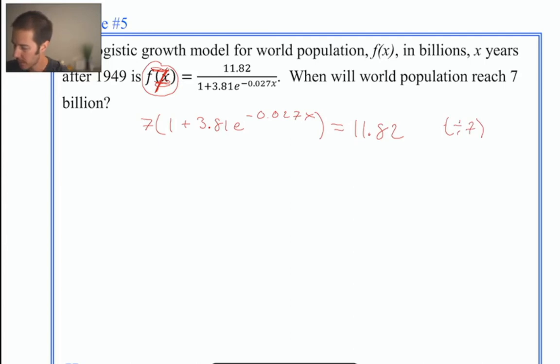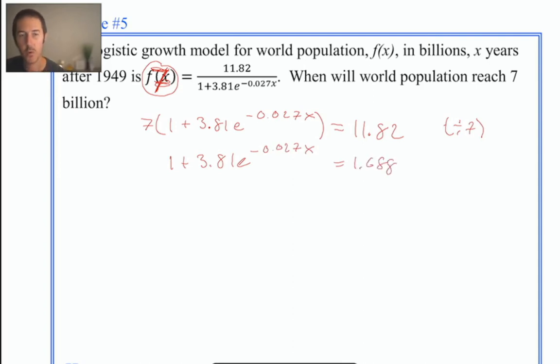In my graphing calculator, I'm going to clear my screen since I'm starting with a new problem, and I'm going to take the 11.82, divide it by 7, hit enter, and leave that value on the screen. I got 1.688 approximately. So now I have the 1 plus 3.81 e to the negative exponent is equal to approximately 1.688.